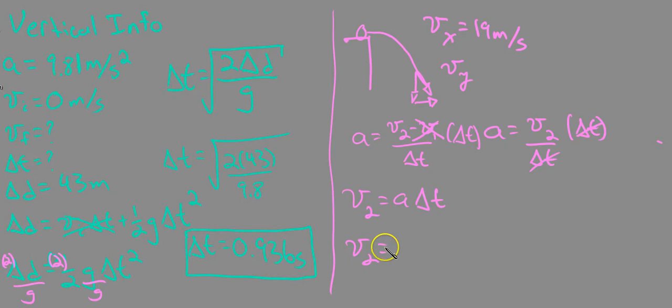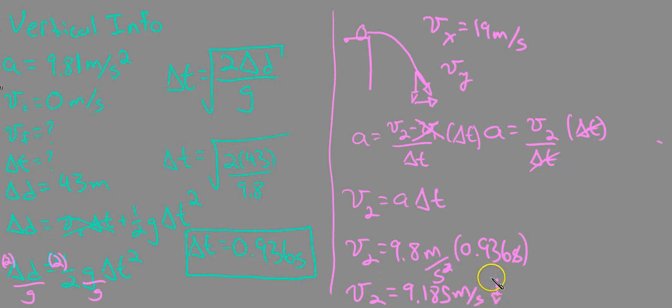So if I work that out, I get 9.8 meters per second squared times 0.936 seconds. One of those seconds will cancel, and I'll be left with meters per second. So my final velocity in the y is going to be 9.185 meters per second. And that is going down.